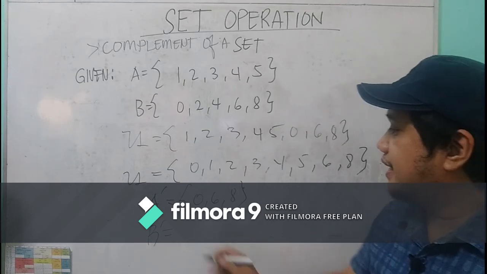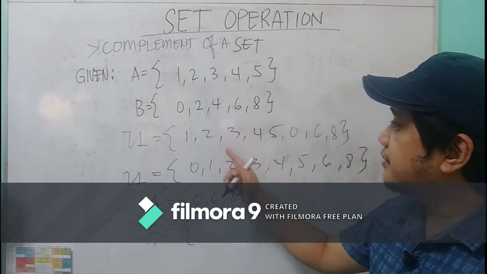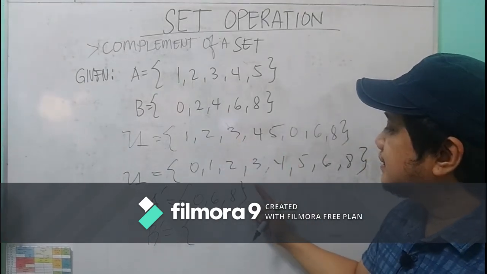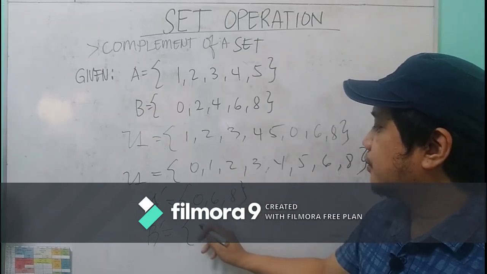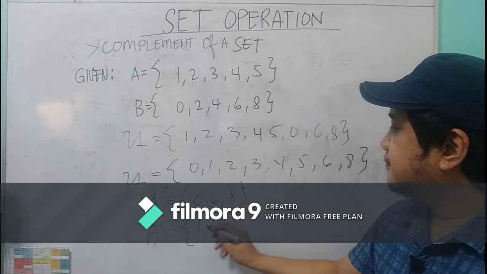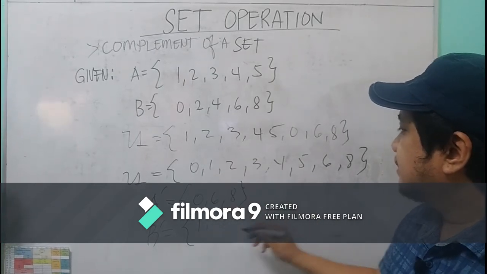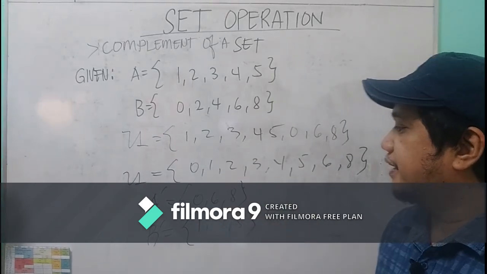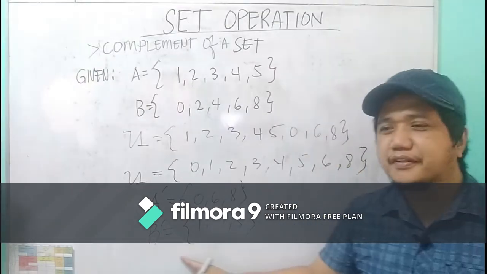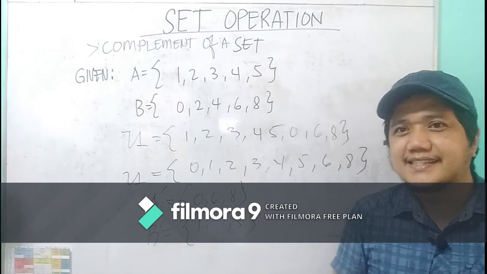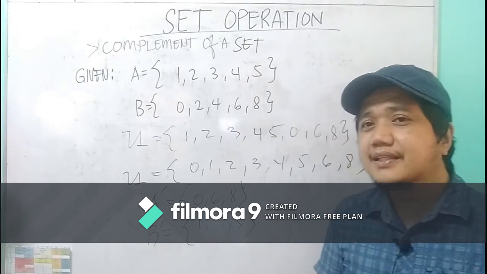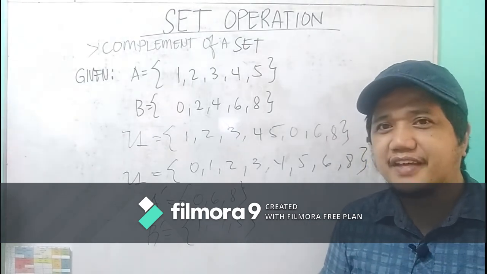What are those elements of the universal set that are not in B? Again, those are 1, 3, and 5. So this is the complement of B with respect to our universal set. That is how we determine the complement of a set.